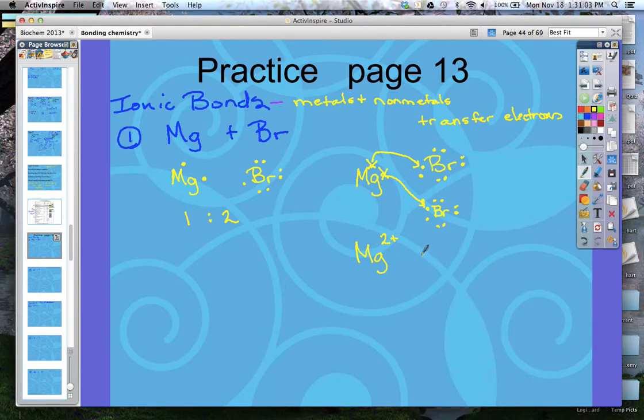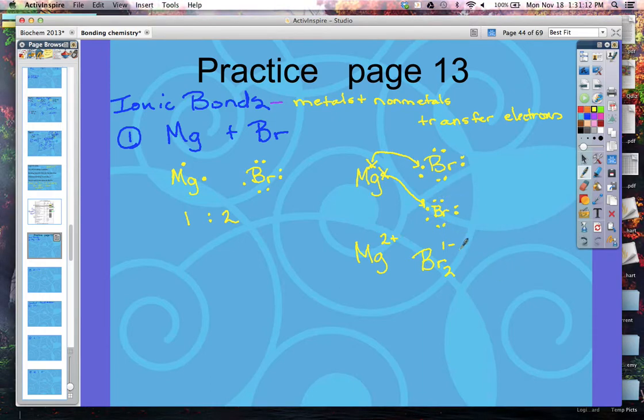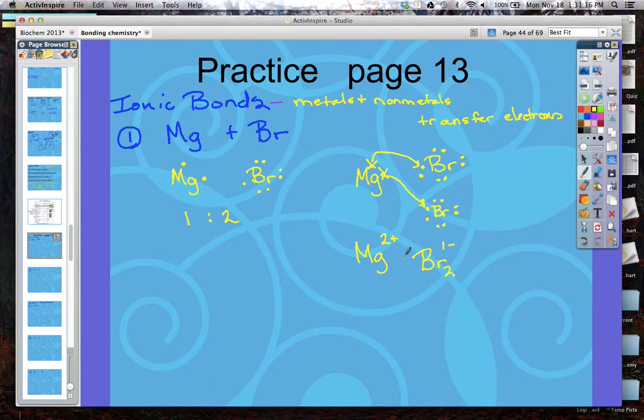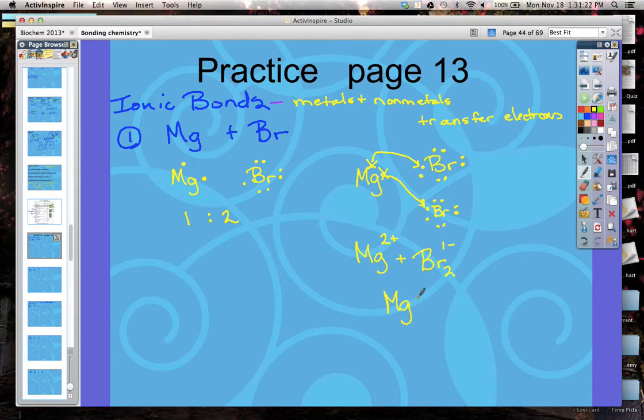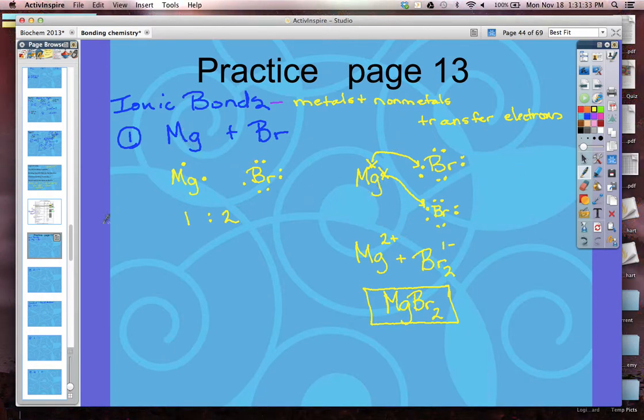And bromine, I have 2 of them, and each would be a negative 1 charge. Each bromine gained 1 electron. So this is just showing you what's happening in my compound. And I can even put a plus sign there if I want to. And so my compound formula, after everything is said and done, is going to be MgBr2. So that's how we do ionic bond practice models.